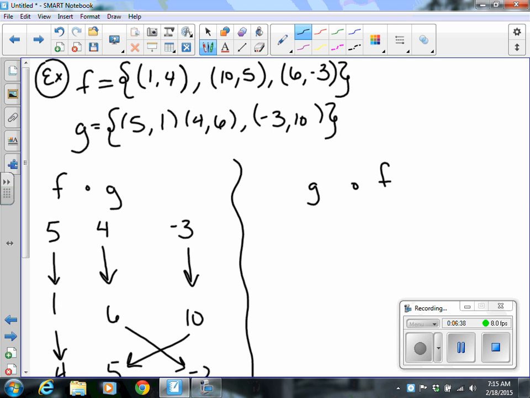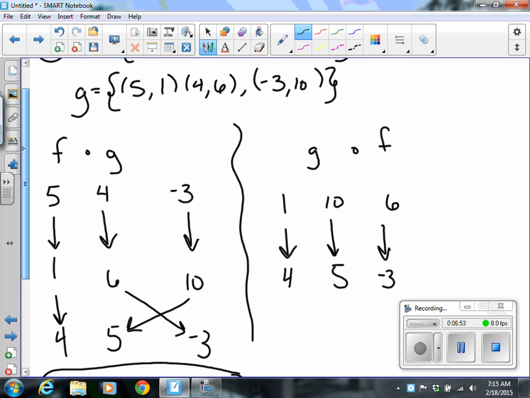Looking at this, I'm looking at the x's, so I have 1, 10, and 6, and then you write down their y values, 4, 5, and -3. I map those out, and I'm done with those points.